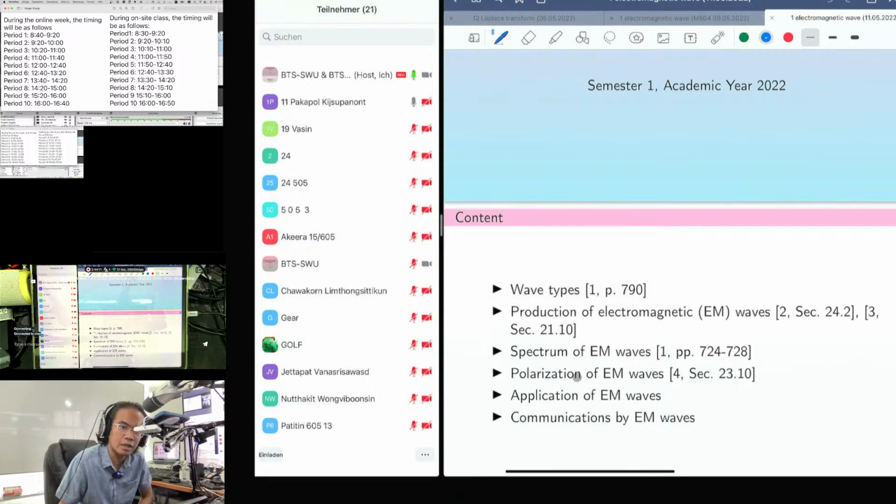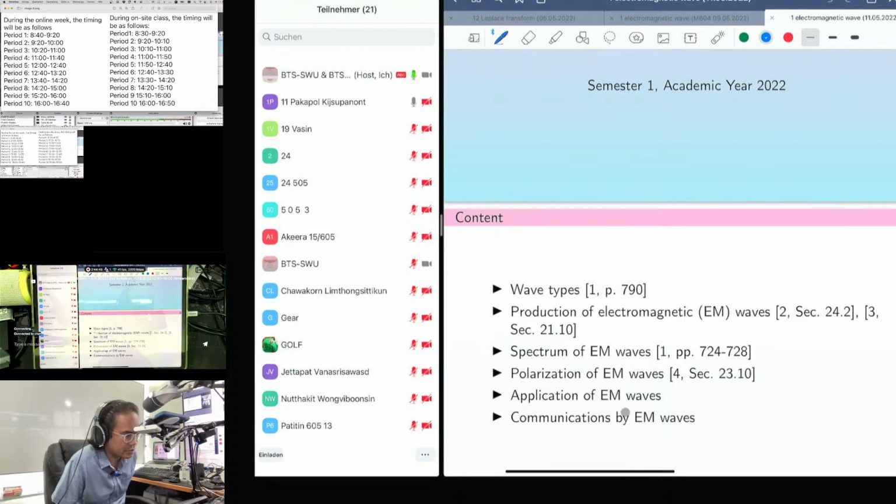Here we would have several calculations or several examples for the electromagnetic wave, and we will see how the EM wave behaves when it propagates through different media. In the next one, we will see the benefit or the reason why we should learn or study something about electromagnetic wave.